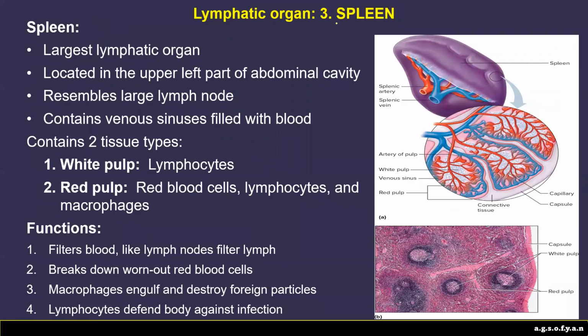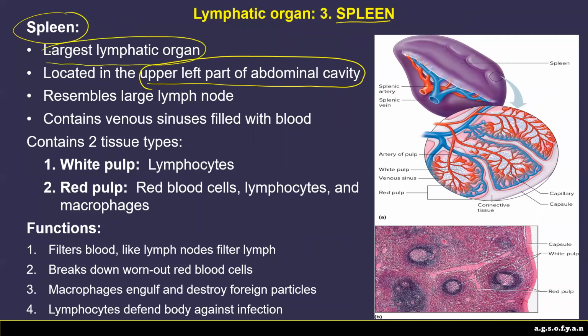Spleen, so this is the 3rd lymphatic organ. This is located on the left side of our abdominal cavity, the upper left part, and this is considered the largest lymphatic organ.